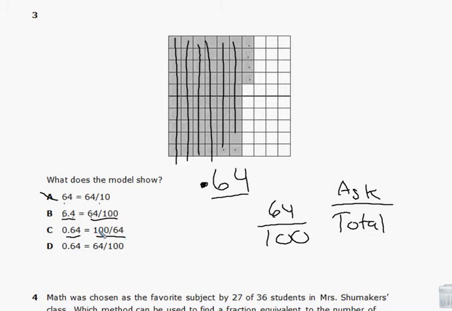Remember, it's ask over total, not total over ask, so that's backwards from what it's telling us, so that's not correct. And then the last one right here, I forgot to mark off B was not correct. So we're going to assume that it's going to be D, but we're still going to check. So 64 hundredths, that is right, and then 64 over 100, which is right. So D is our correct answer choice. Question number 4.